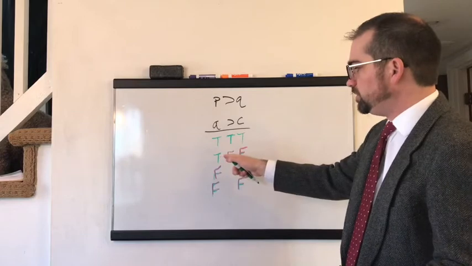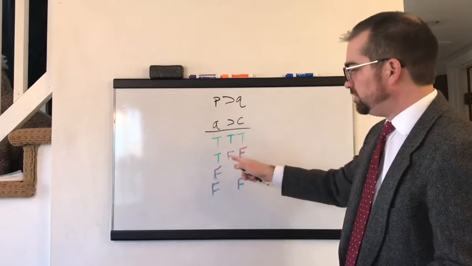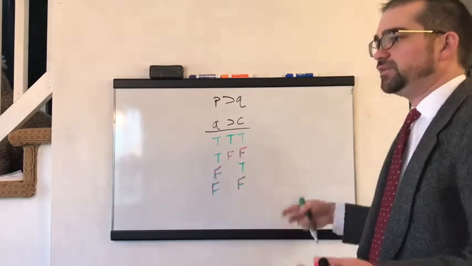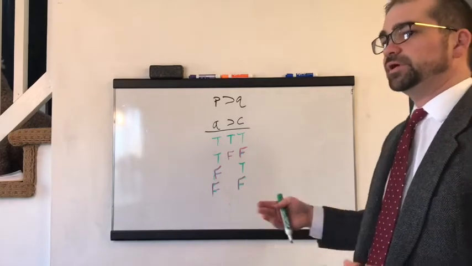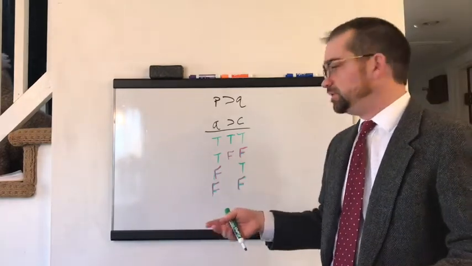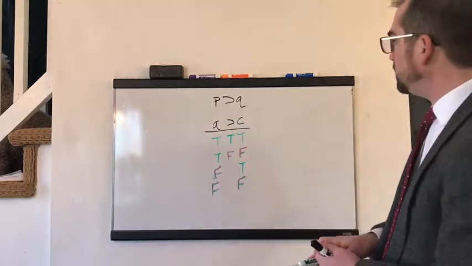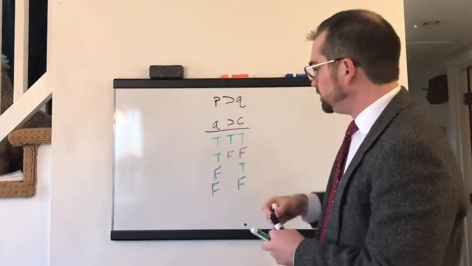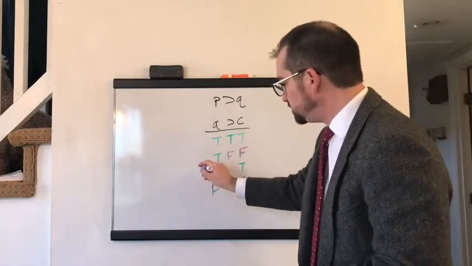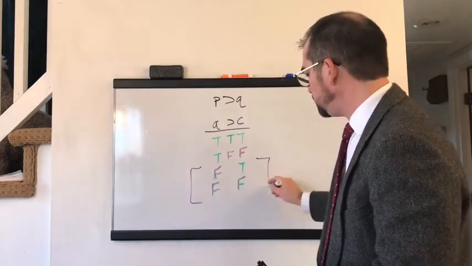Alright? Now let's say I went to the beach, but I'm not happy. That means the if-then wasn't true. If I said, if I go to the beach, then I'll be happy, but I go to the beach and I'm not happy, the if-then's not true. Alright, now here's the interesting part that's special in logic that I want you to pay particular attention to. It's this section here, okay?